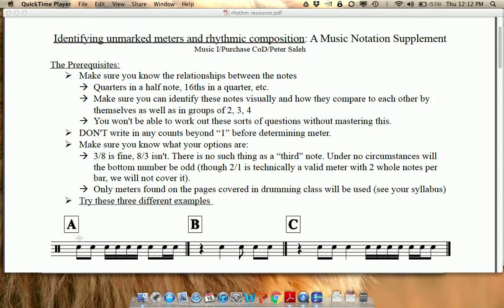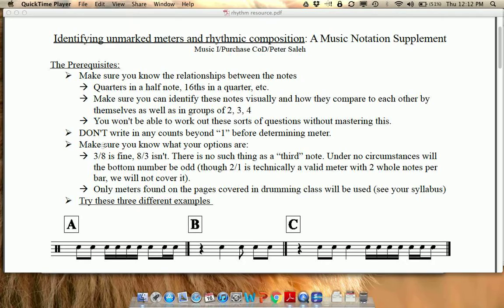If the house gets knocked down, you don't change the address of all the other houses on the street. So in other words, if there's a note or a rest at the beginning, right here, that's a note. Right here, that's 1. Right here, that's a rest. That's 1. Right here, that's a rest. That's 1. The next note, you won't know what count it's on until you know what the meter is.